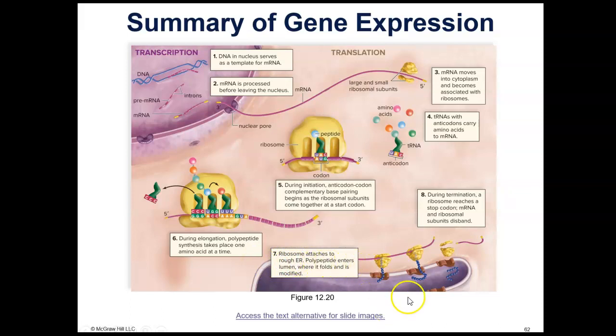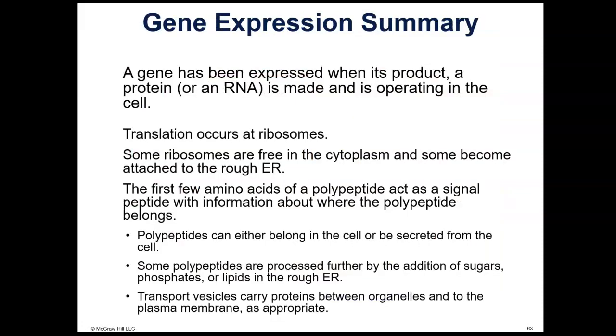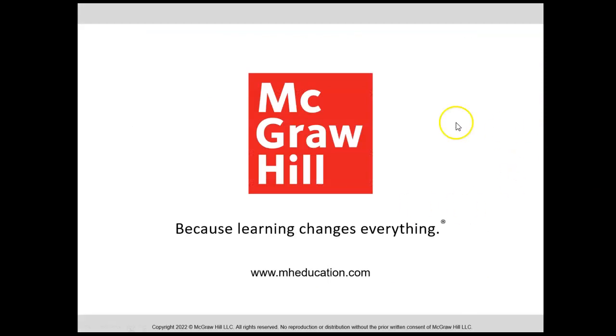Polypeptide enters the lumen of the rough ER where it folds and is modified. And then number 8, during termination, a ribosome reaches a stop codon in the messenger RNA and the ribosomal subunits disband. And so it's over. And then you have a summary of gene expression, and that is the end of our lecture on Chapter 12.